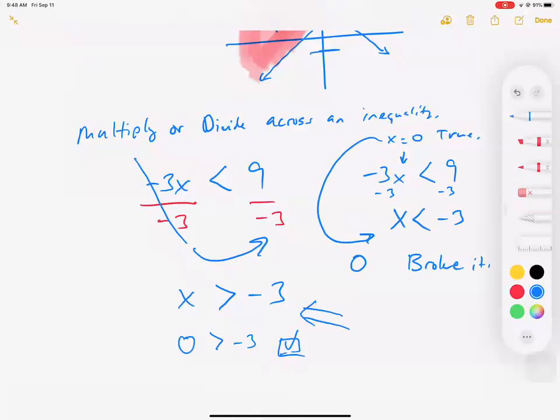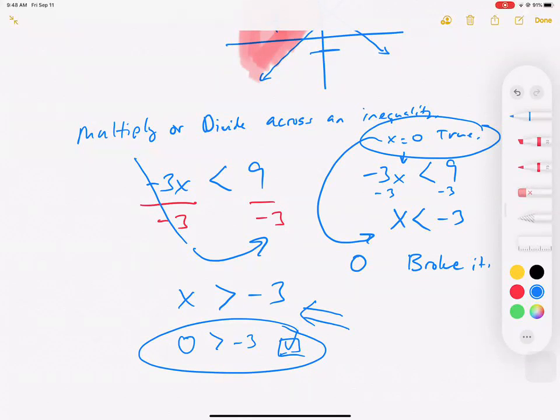What happens is if you forget the rule, you can make up the rule. Do I flip or do I not flip? Just plug in a number that worked beforehand, and that number should still work afterwards. Answers that work beforehand should work afterwards too.